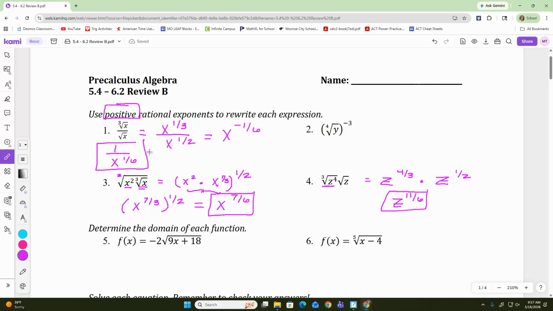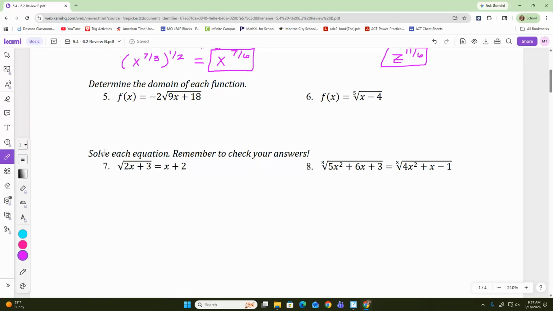All right, next thing we talked about is domain. Domain is asking what x can be. Right, when I am looking at these, all that really matters is the index on the radical. This is a square root, that one's a 5th root. So all we care about is even or odd.